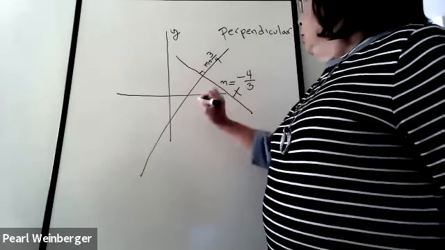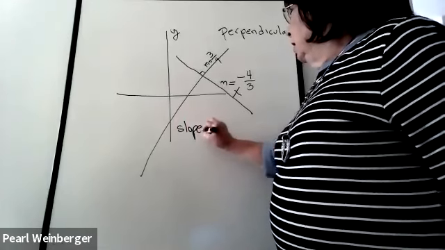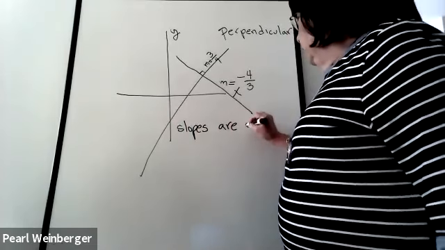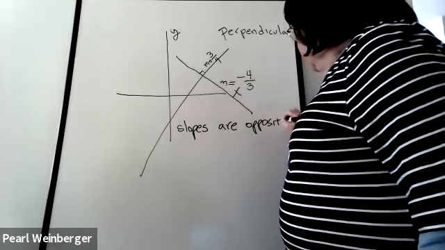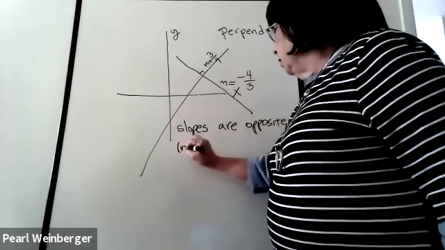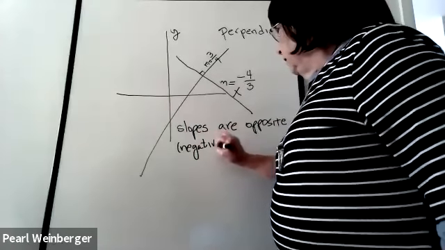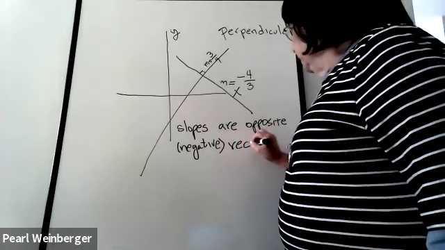That's what we say: the slopes are opposite, or sometimes the word negative, opposite reciprocals.